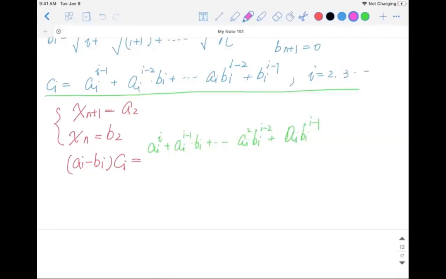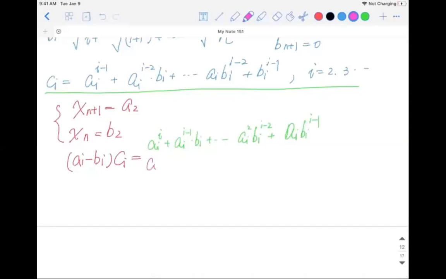Then what about BI times CI? BI times CI should be AI to the I minus 1 BI, AI to the I minus 2 BI squared, all the way AI BI to the I minus 1, BI to the power of I. Is that right?